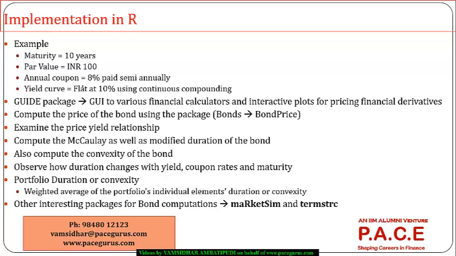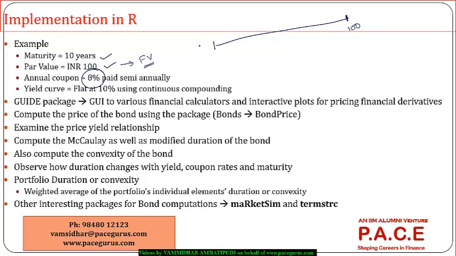For that, I am taking a small example. I am taking a bond whose maturity is 10 years and par value is 100, which is the face value of the bond. At the end of 10 years, 100 would be paid.